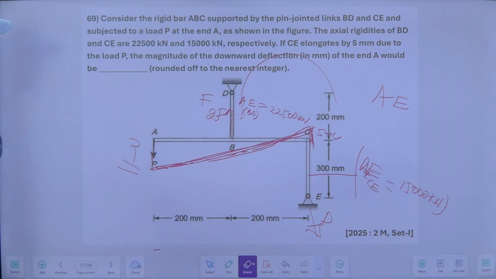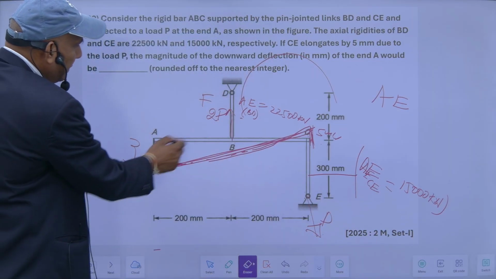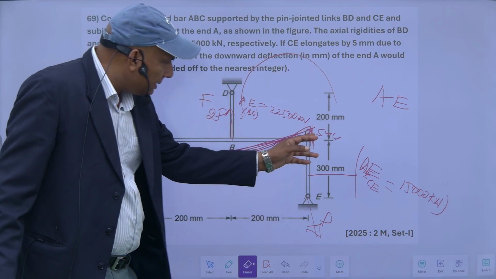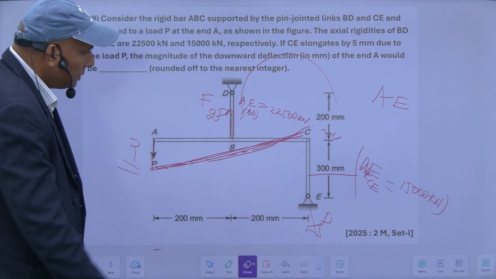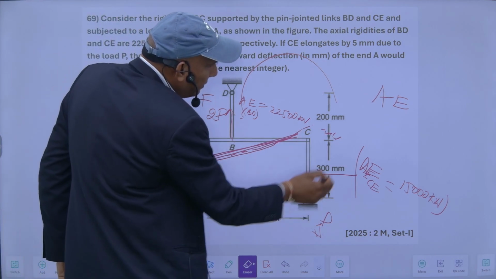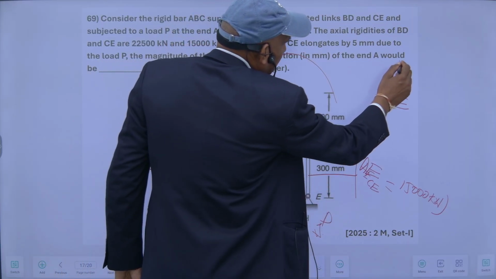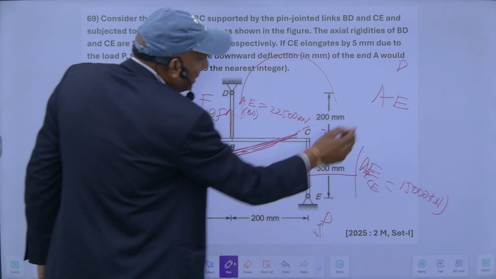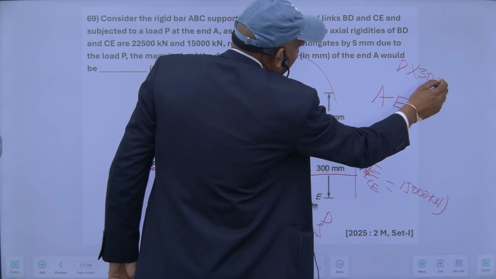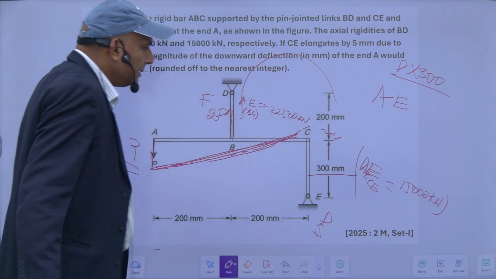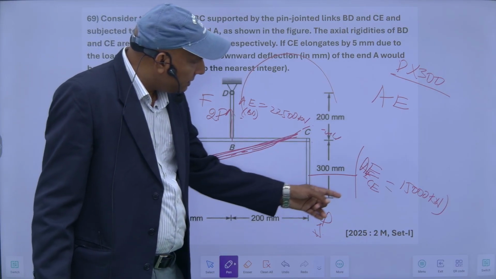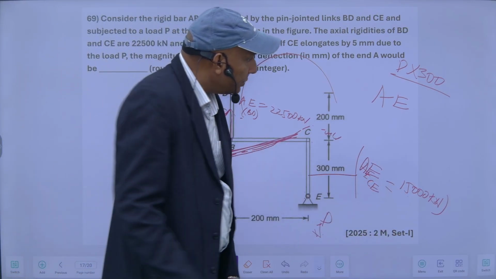So the force I have calculated. So this is P, 2P and this P. Now this elongation is 5 mm. So force in this, what is the value of force? Force is P. And length is 300. PL upon AE. AE is equal to how much? It is 50,000 kilonewton.